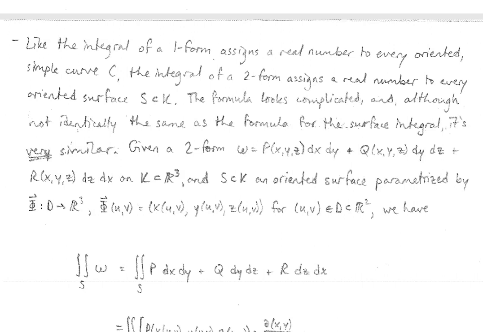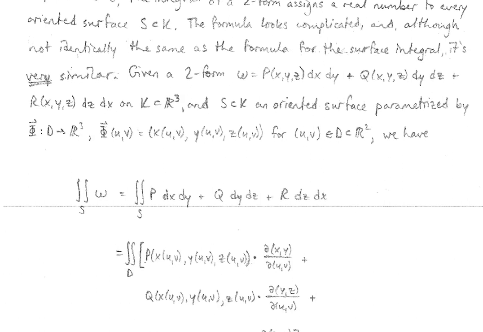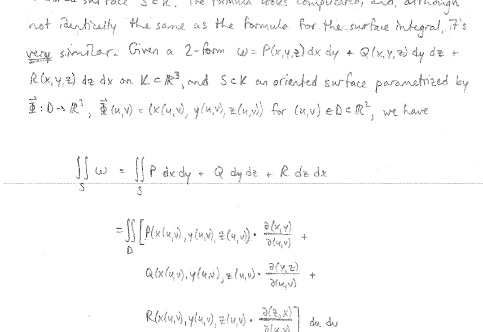So recapping what a differential 2 form looks like: omega equals p dx dy plus q dy dz plus r dz dx. When we have an oriented surface, we can parameterize our surface, capital phi hat of u comma v, where x, y, and z are each functions of u and v for some domain that's a subset of R2. We have the double integral over S of our differential 2 form omega equals the double integral over S of p dx dy plus q dy dz plus r dz dx.